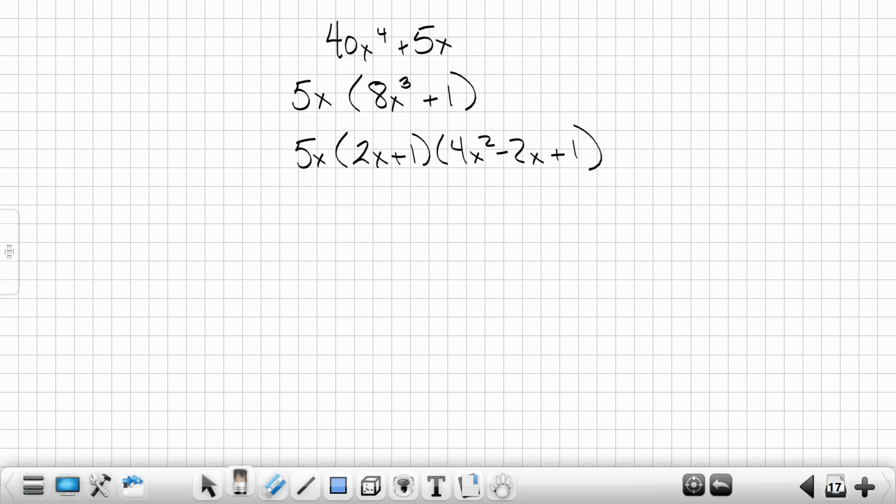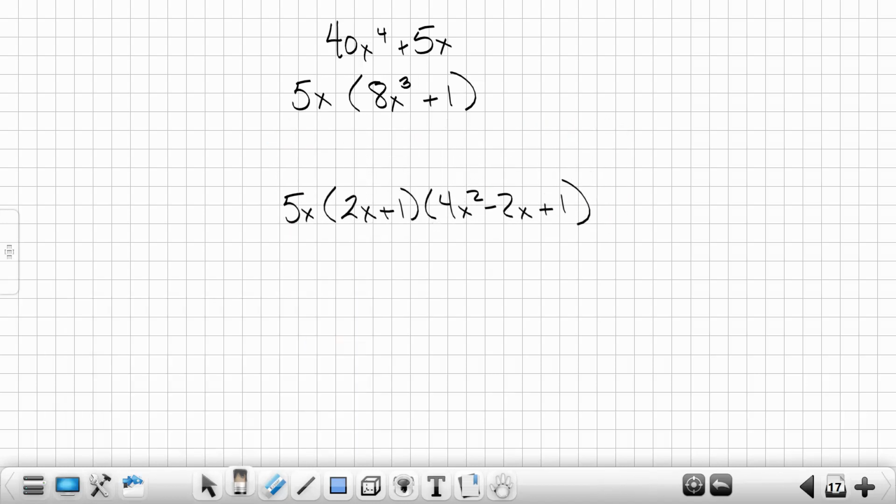Okay? So just do the same thing, just with the 5x in front. This one's also 8x cubed plus 1 instead of 8x cubed minus 1. Stephanie, where'd I lose you? In the 5x, 2x.